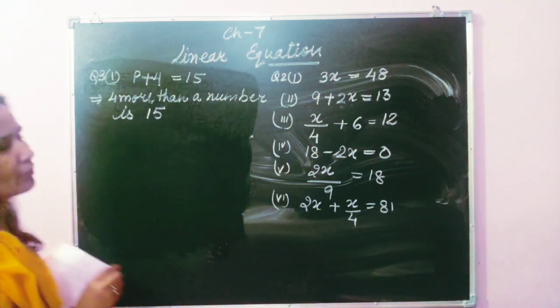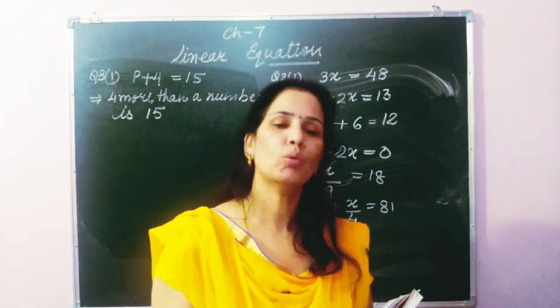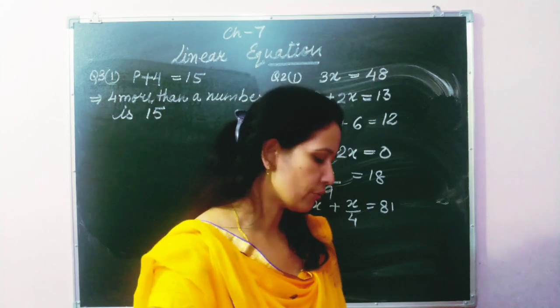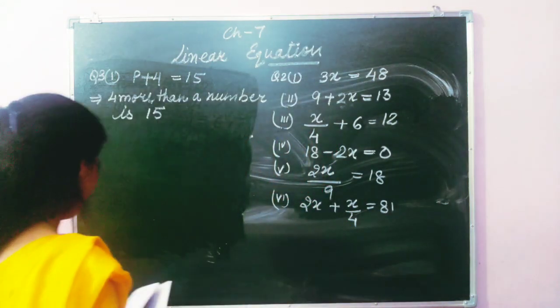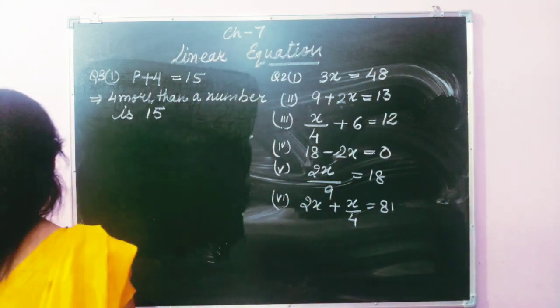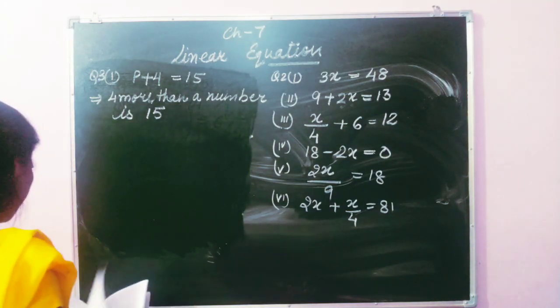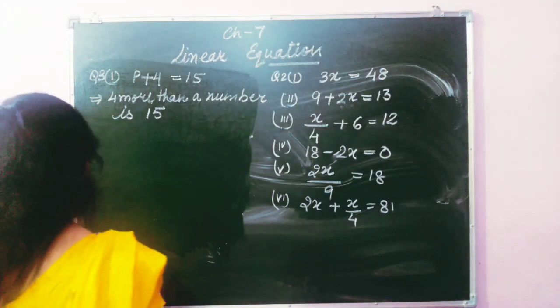Okay, otherwise you can write 4 added to a number is 15. So in this way, students, you can write the statement for the given one. So a statement can be written in two ways. So you can use any way to write the statement.